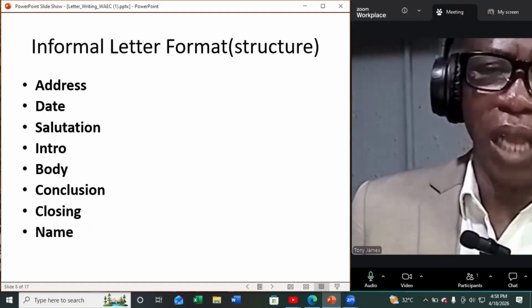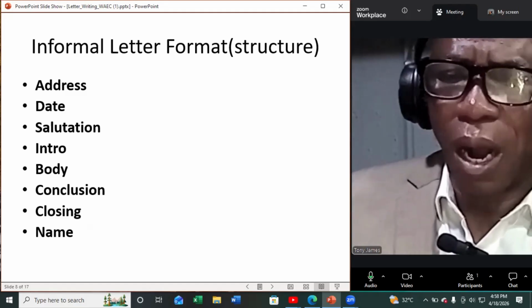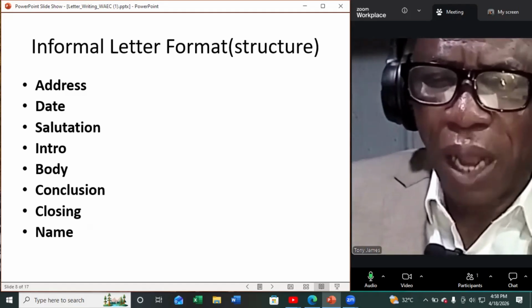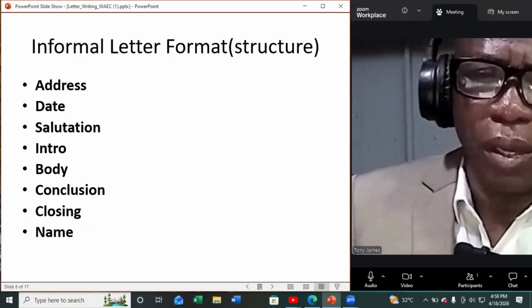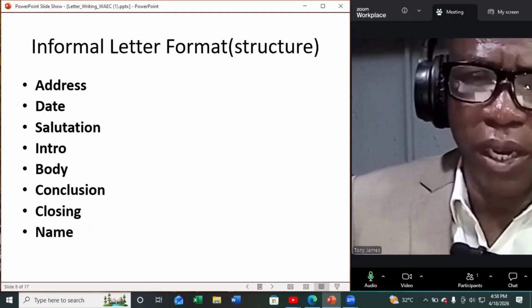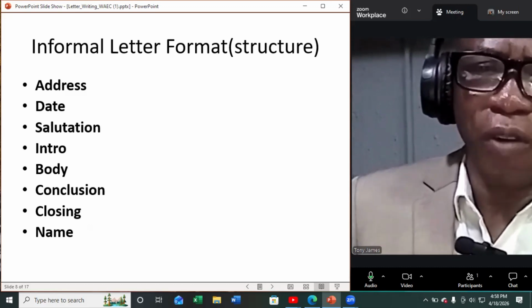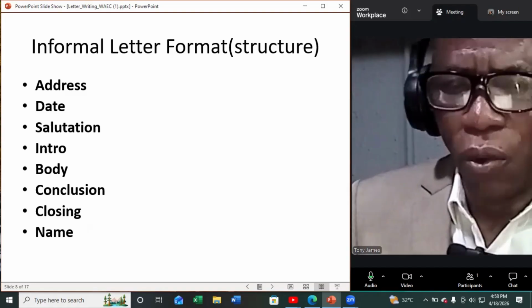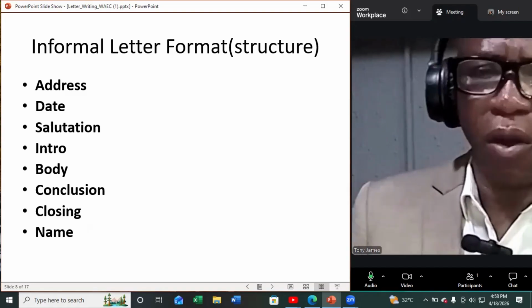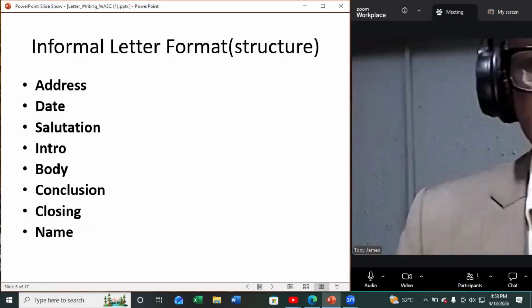Then we talk of salutation. Part of the structure of the informal letter is salutation, and this is a form of greetings. So the type of greeting that the informal letter requires is dear Olu, or dear then the first name of the receiver, or dear daddy, dear mommy.